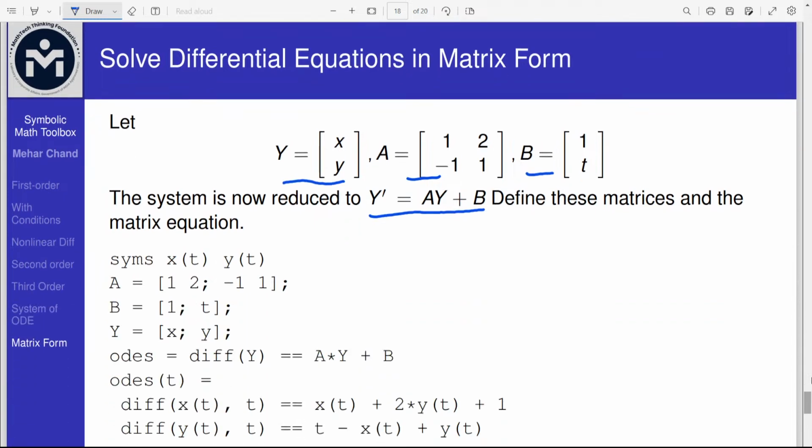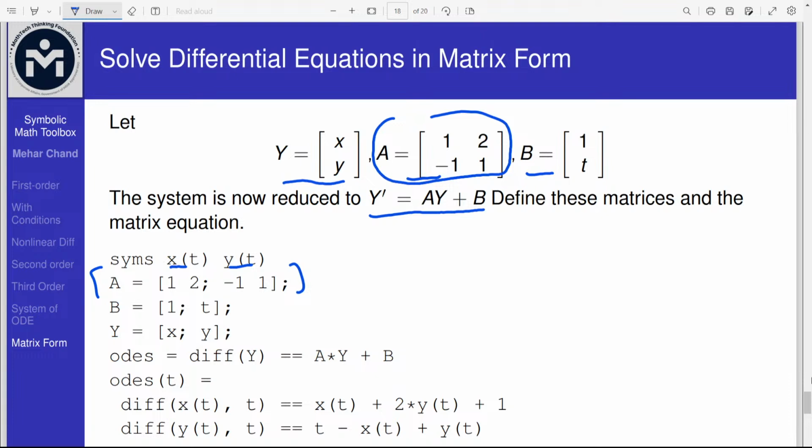So we have two symbolic functions, x(t) and y(t), according to the given system of equations. First we need to write the A matrix, and you can write it this way: 1 space 2.